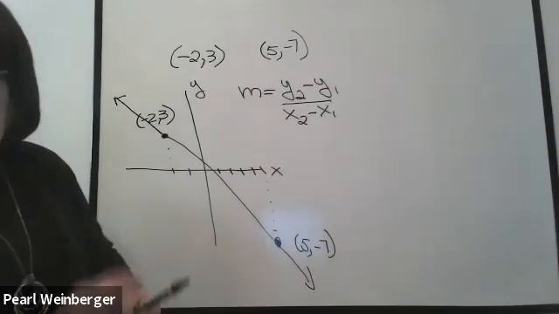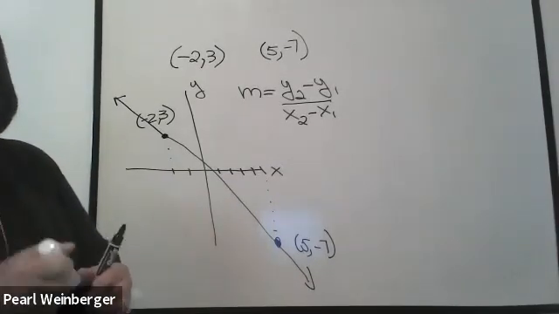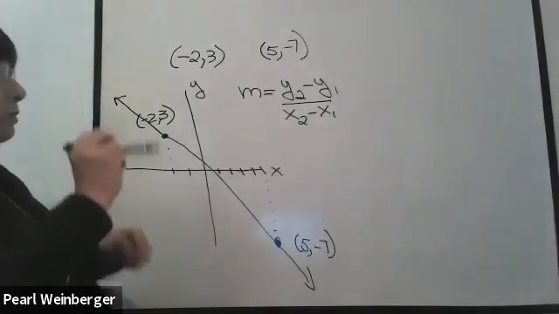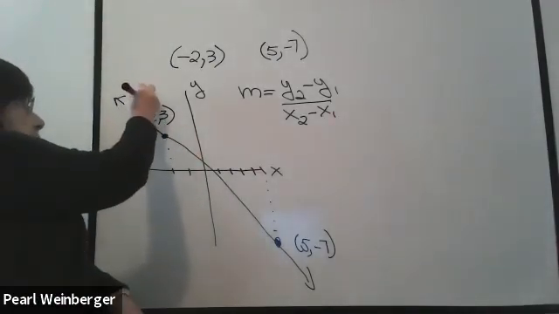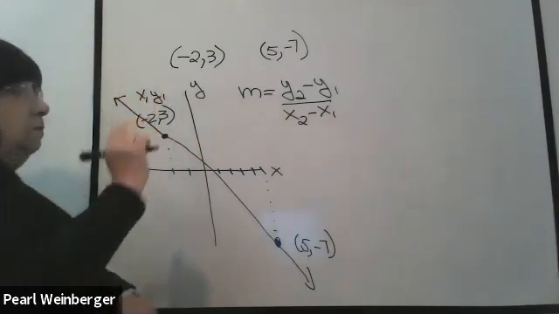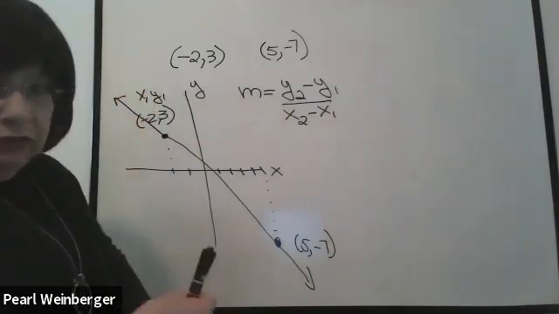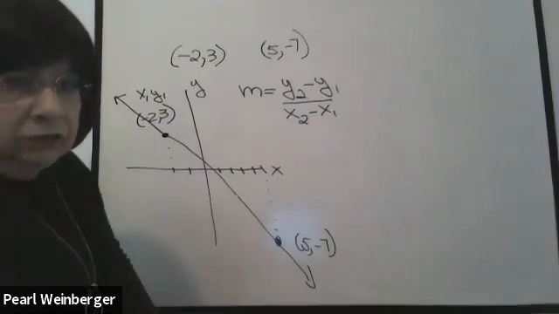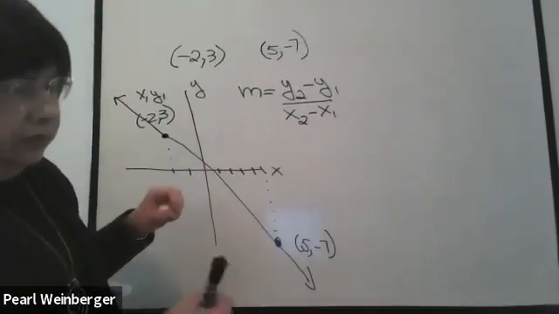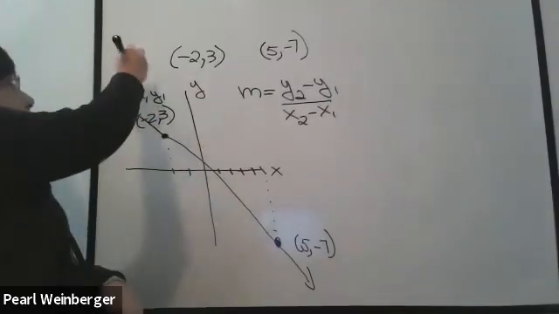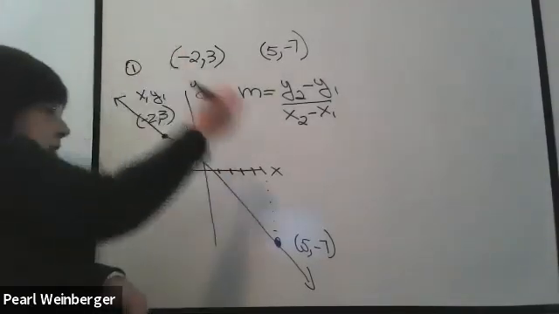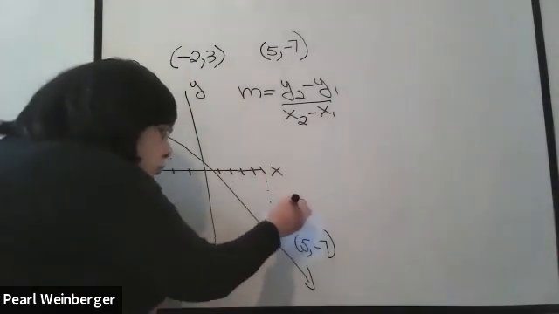The best way to do this, I think, is to label one of your points as your x1, y1. And it doesn't matter which point you take as the x1 and which you take as the x2. You just specify. Let's call this point 1. Let's call this point 2.